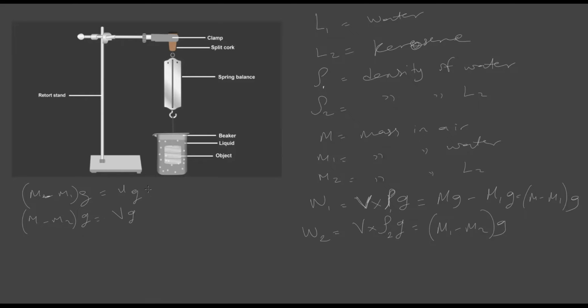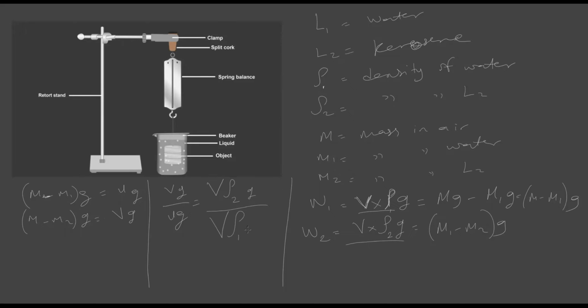We can say that we can take this ratio. VG divided by UG is equivalent to you taking this ratio. So it's equivalent to the volume, this is capital letter volume, times the density in liquid 2 divided by the same volume.